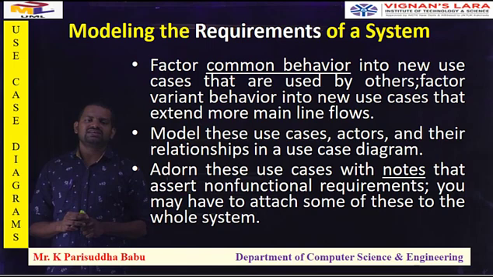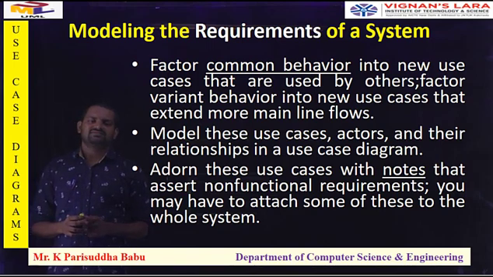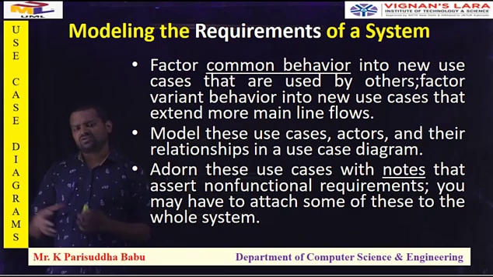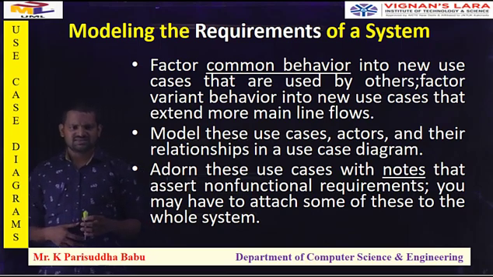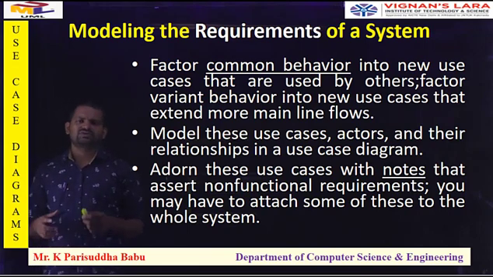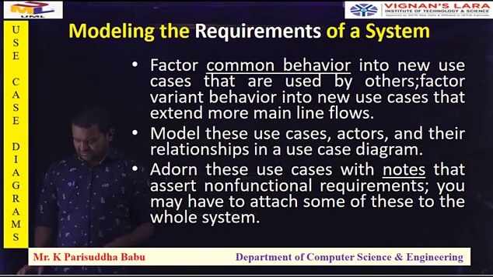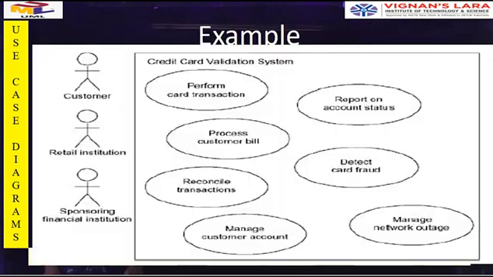Okay, so model the use cases, actors and their relationships in a use case diagram. You have to model all these actors, use cases and their relationships in a particular model. Next, see this example: credit card validation system.